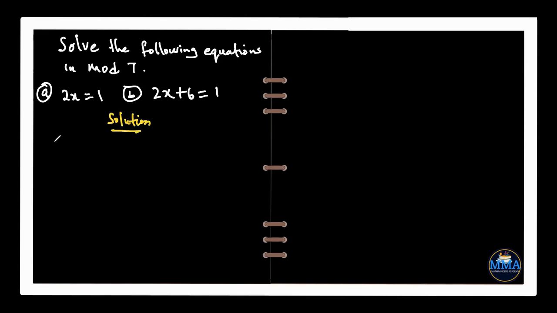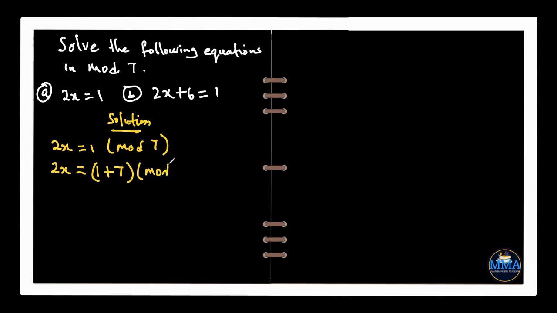Now, the first one is 2x equals 1 in mod 7. So we are looking for the value of x here. Now, I'm going to have 2x equals 1 plus 7. Why am I using 7?